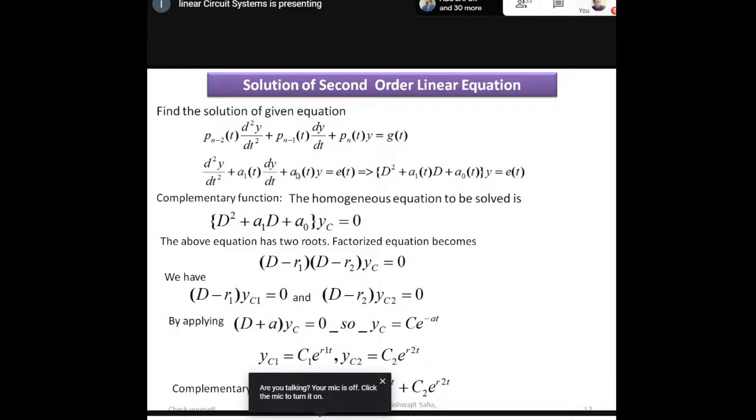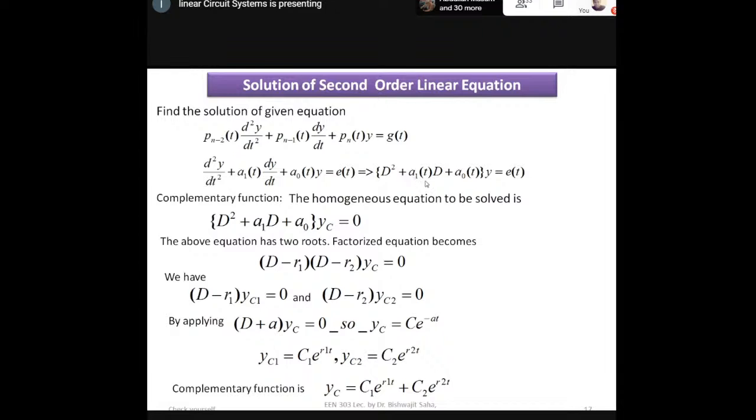So this is d square plus a1 of t d plus a0 of t multiplied with y equals e of t.